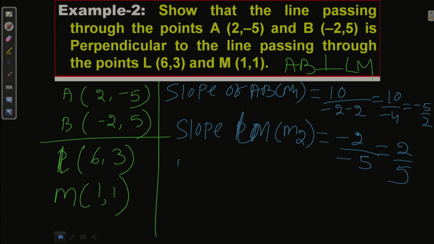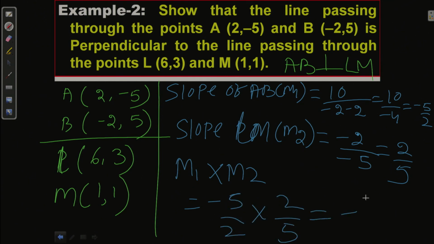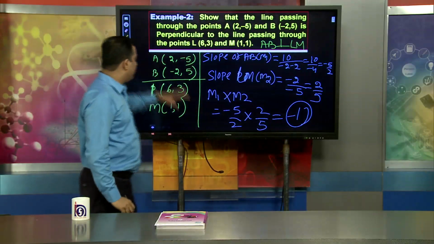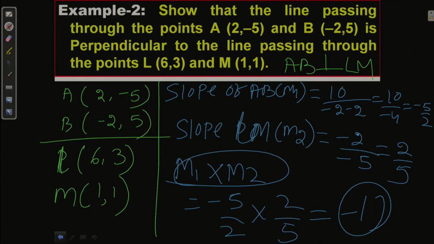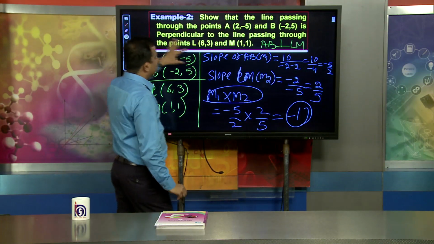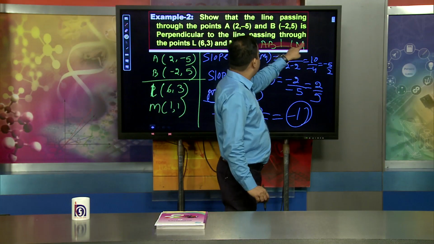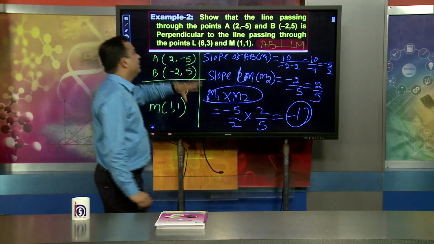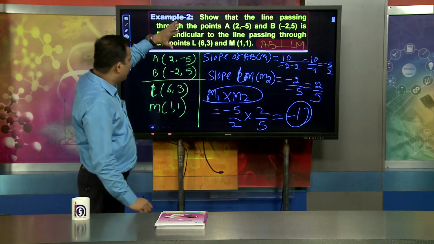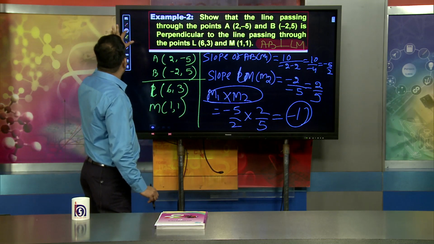Now M1 into M2, that is minus 5 by 2 into 2 by 5, you will find the value is minus 1. Minus 1 means the product of the slopes of two lines, M1 into M2, is minus 1. That is why we can say the line AB is perpendicular to LM. We have been able to prove that two lines are perpendicular to each other.